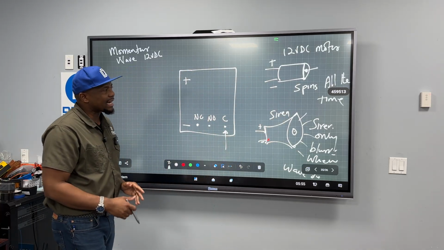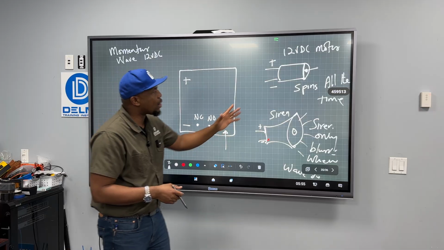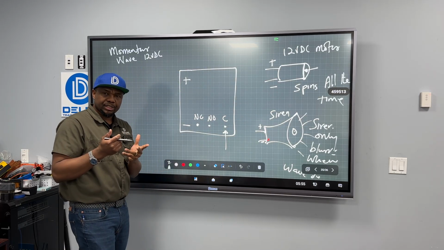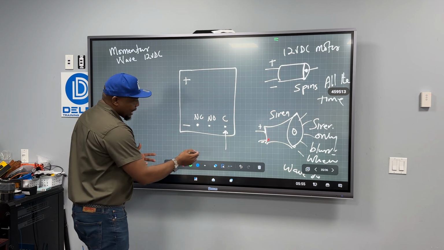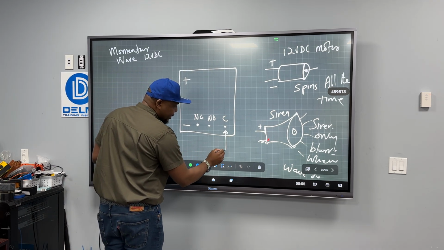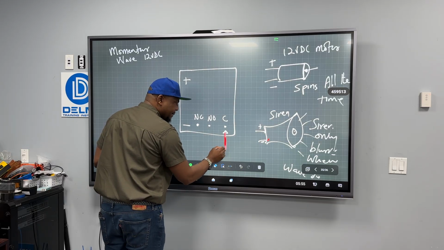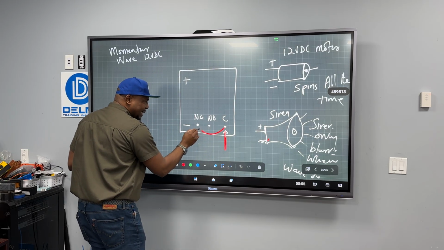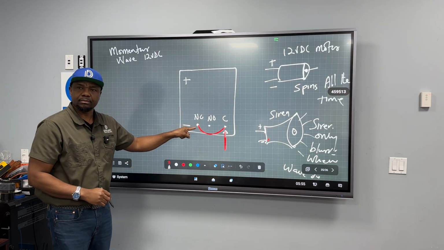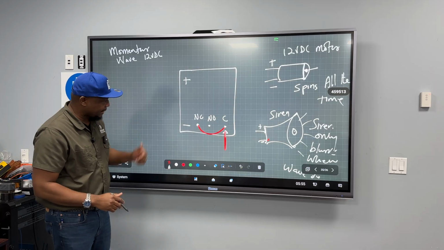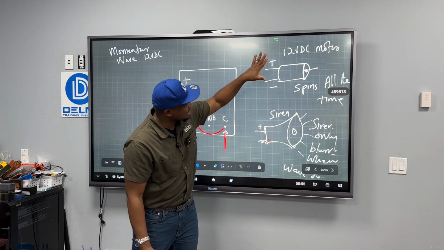Now that we understand how they are going to behave, let's see how we are going to wire that up. Based on the knowledge that when I bring in 12 volts here, that 12 volts is going to automatically show its ugly head here, right? So with this knowledge, this is 12 volts, that is 12 volts.